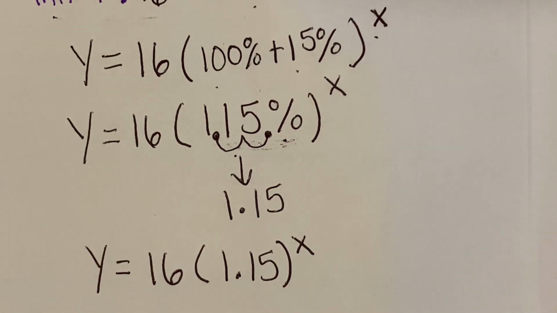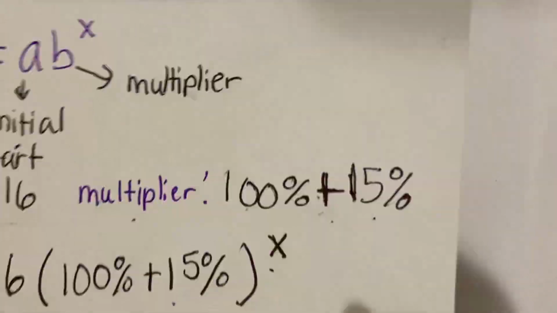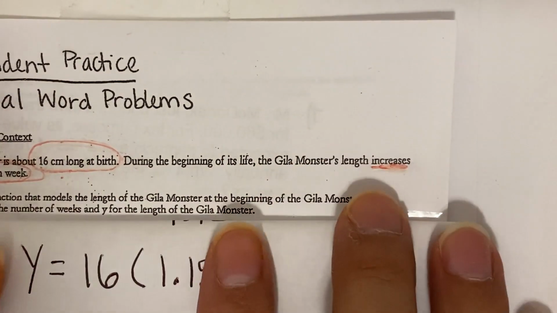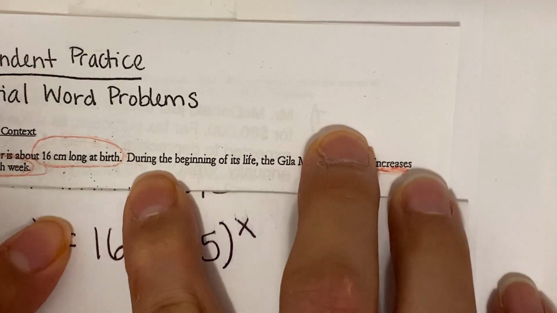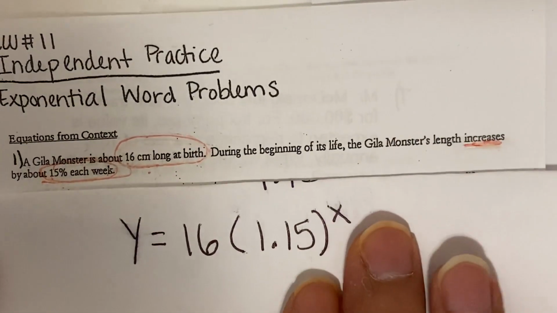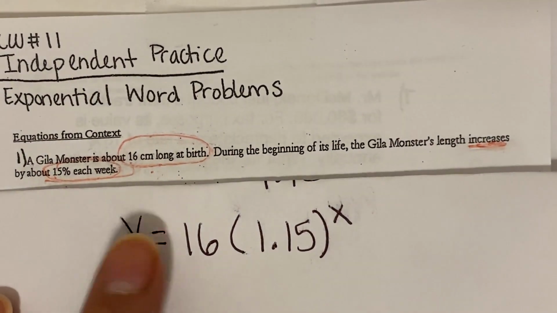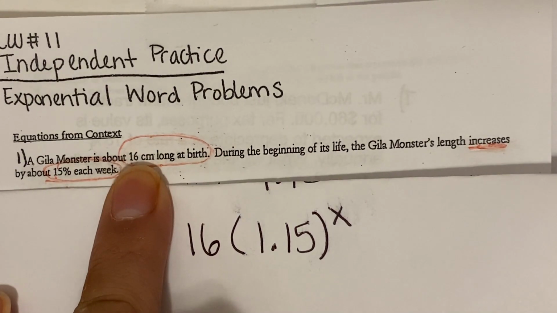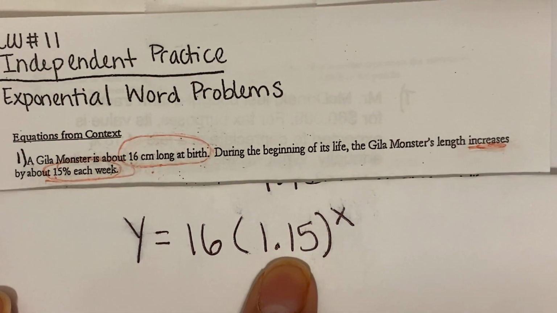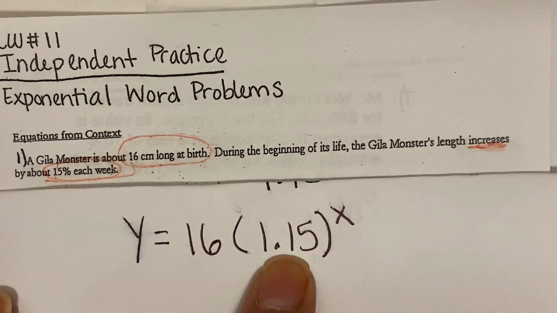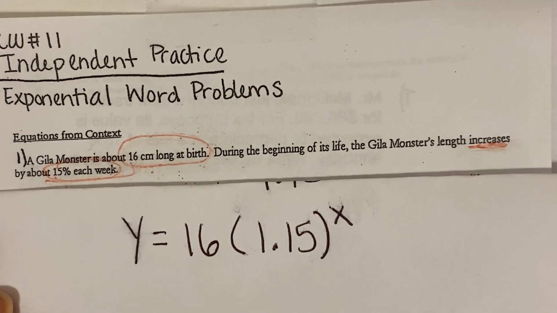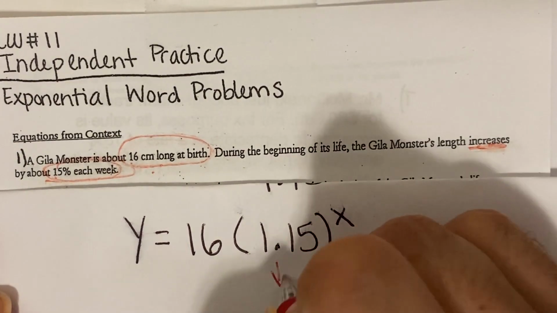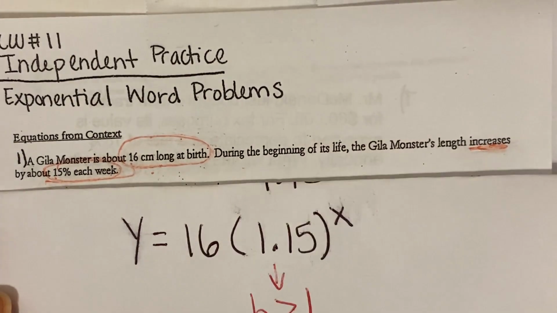Right? So I'm going to go ahead and pull this up. As you can see, our equation with the word problem. And we can make sure that we did this correctly. So again, our initial value should be what we start with, which is 16 centimeters long at birth. And then our multiplier should reflect either growth or decay. And since this is 1.15, that means that this is greater than 1.